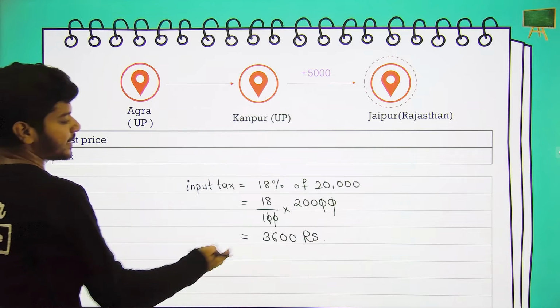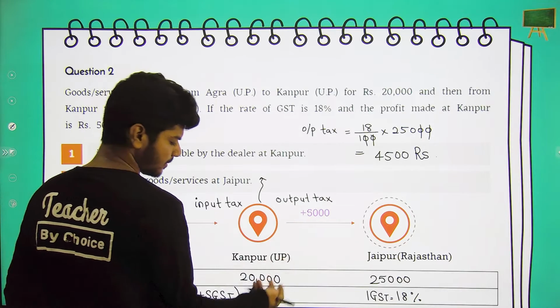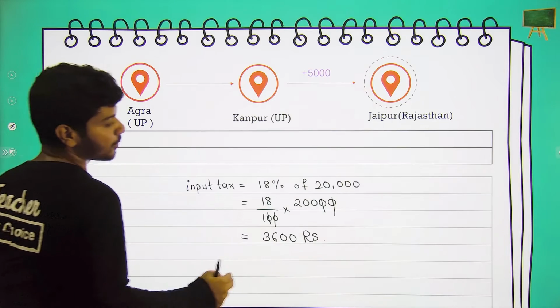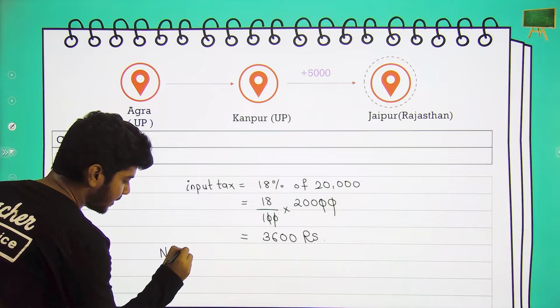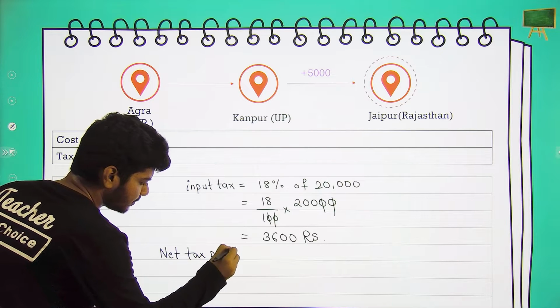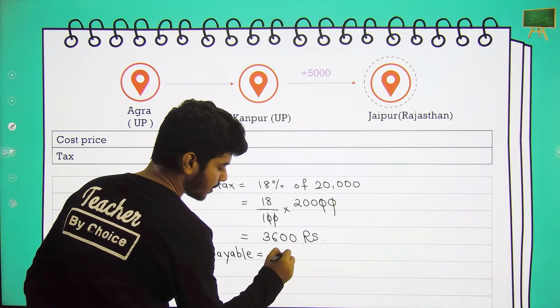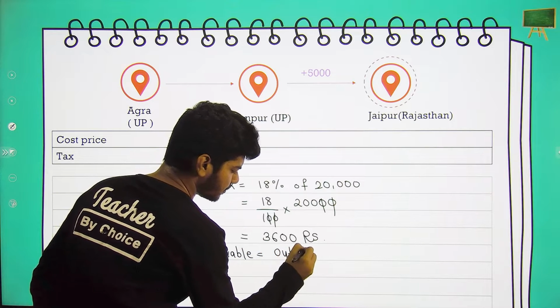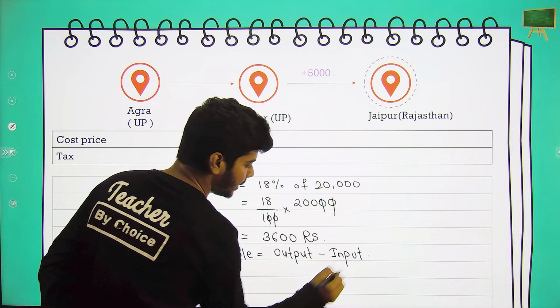Now input tax is 3,600 and output tax is 4,500. So net tax payable will be equal to output minus input.